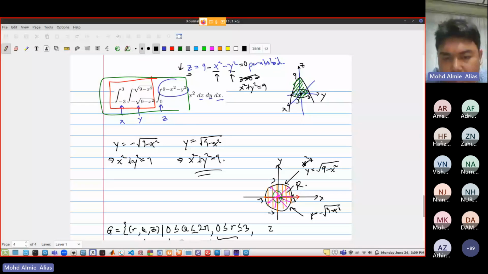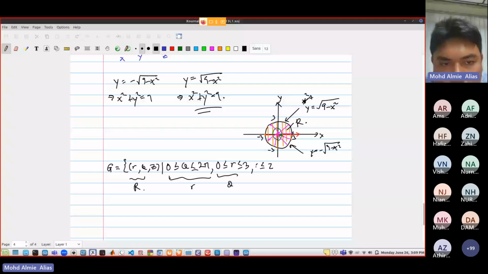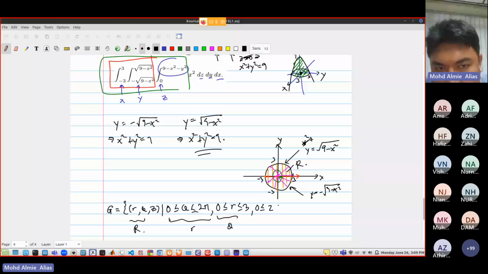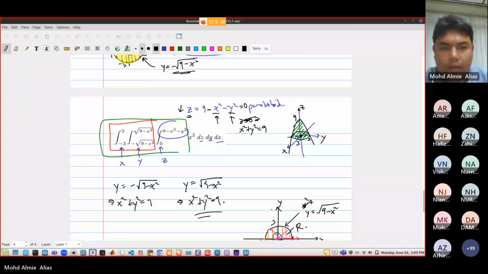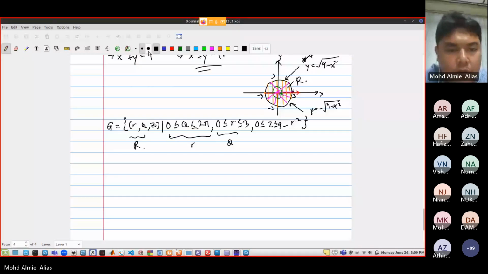You start from z equals 0, which means z must be greater than 0, and z must be less than or equal to 9 minus x squared minus y squared, which is 9 minus r squared. Oh, sorry, I just forgot this.